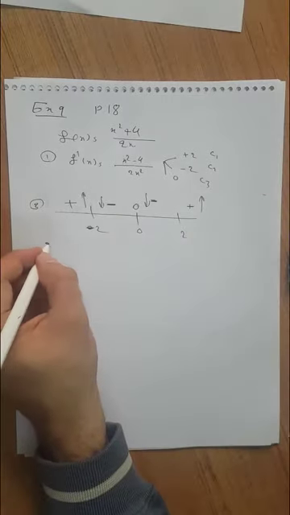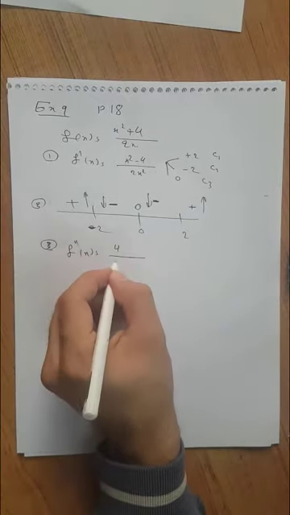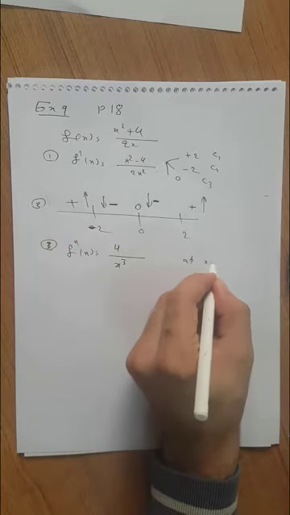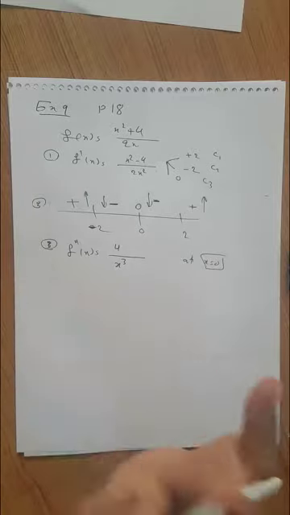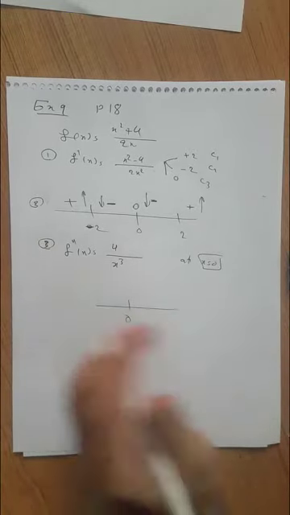How about the third step? We will find the second derivative is equal to this one, and at 0 maybe we have an inflection point. We don't know. Why we don't know? Because the inflection point depends on the concave up and down.